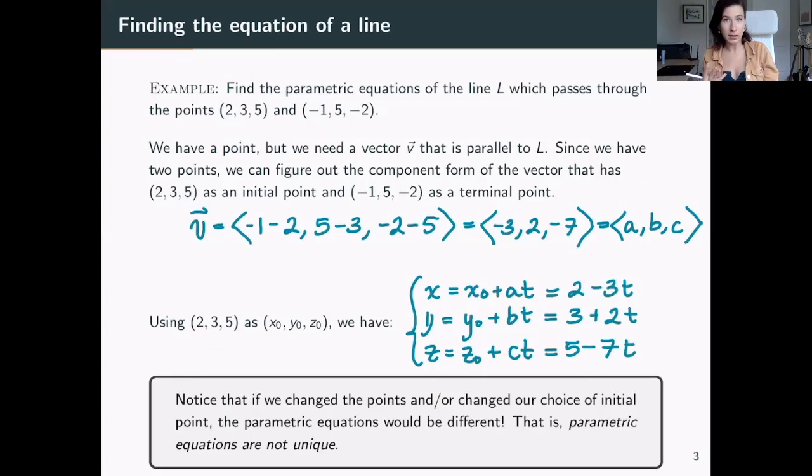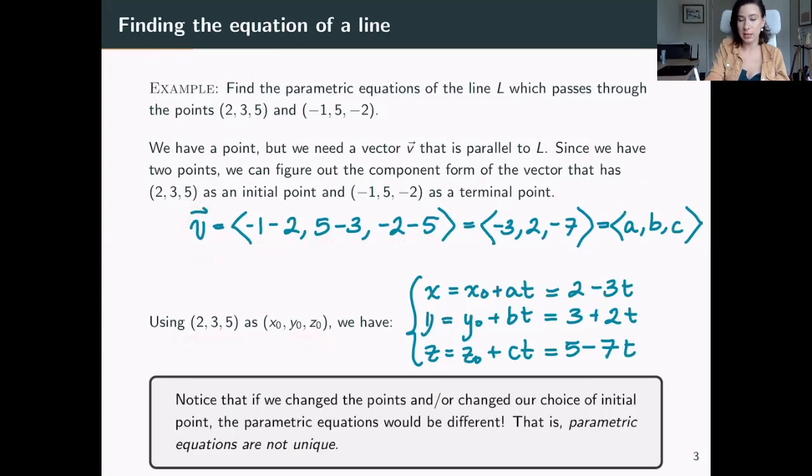Be careful here, because there's not really just one answer to this problem. Notice that I could have switched the order of these, which would have ended up with a different vector in the end, negative of this vector v, so just in the opposite direction. Then I also could have chosen a different starting point.